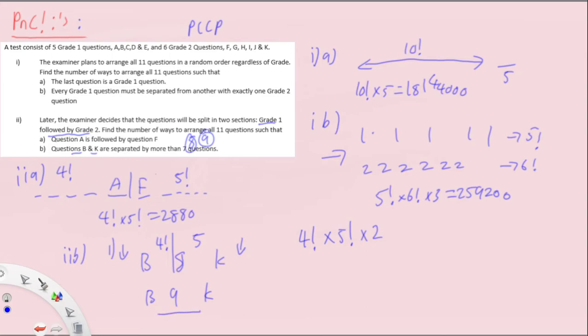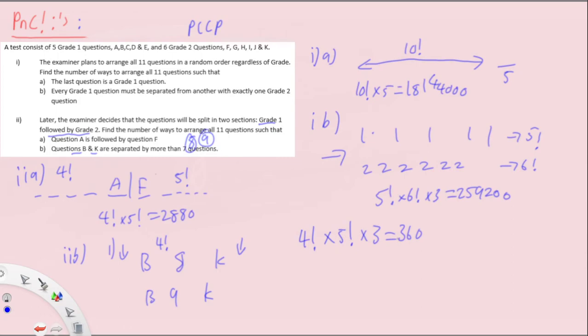Over here, 4 factorial times 5 factorial times 1, because there's only 1 way. So in total we have 4 factorial times 5 factorial times 3, because there are 3 ways to obtain B and K being separated by more than 7 questions.